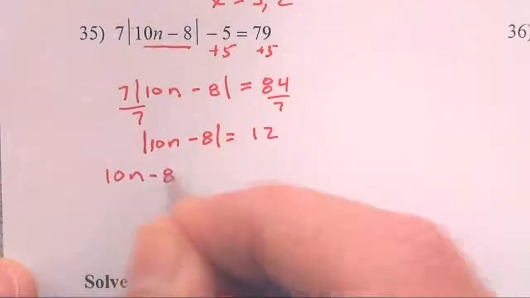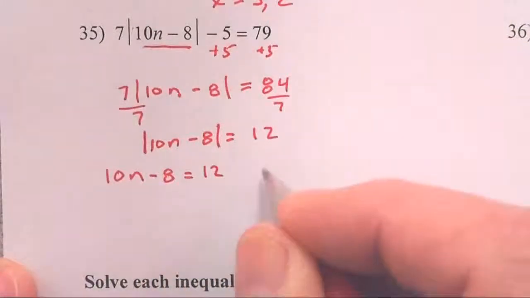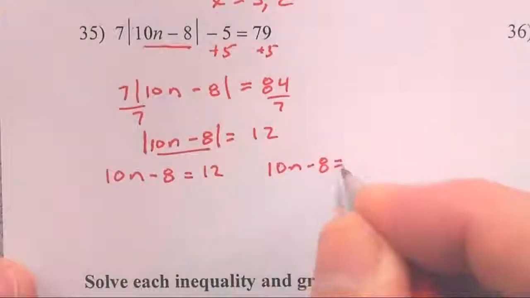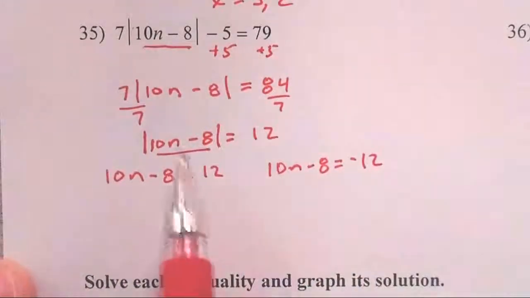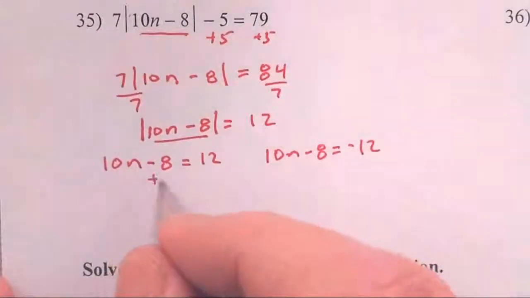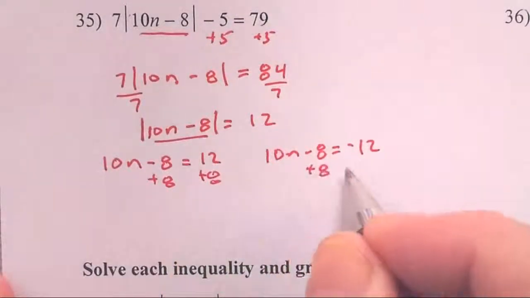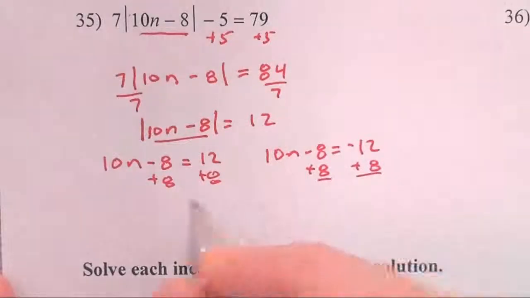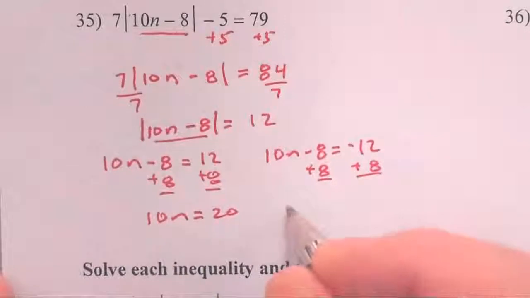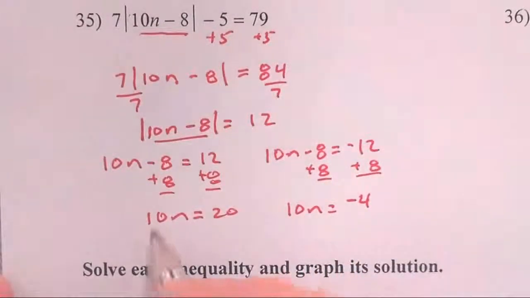Maybe the absolute value isn't necessary because maybe 10n minus 8 just equals 12. But maybe 10n minus 8 inside of here is equal to negative 12, and the absolute value makes it 12. So I will add 8, add 8, and I get 10n equals 20, or 10n equals negative 4.